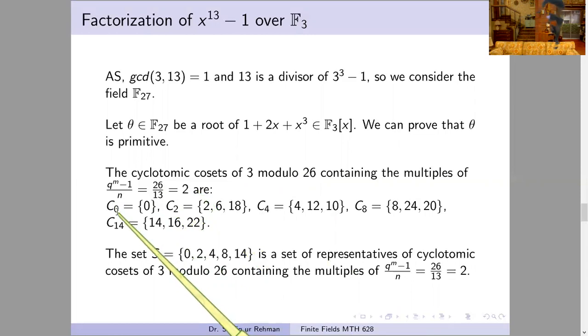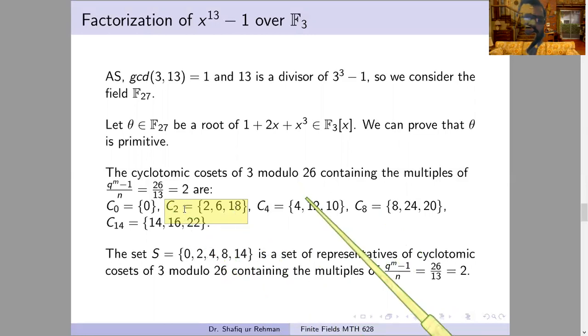0 is also a multiple of 2. C0 is {0}. We will not take C1 because 1 is not a multiple of 2. We take C2, which is {2, 6, 18}. After that we take C4. And after C4 we would take C6, but notice that C6 equals C2, so there is no need to take C6.